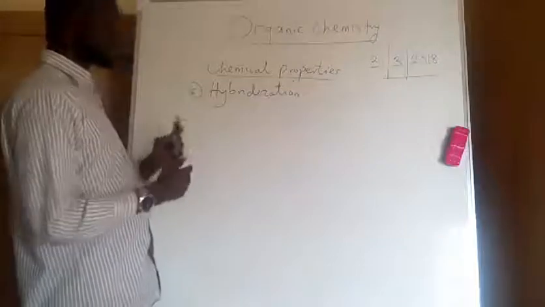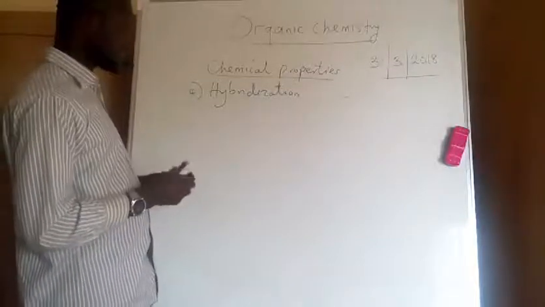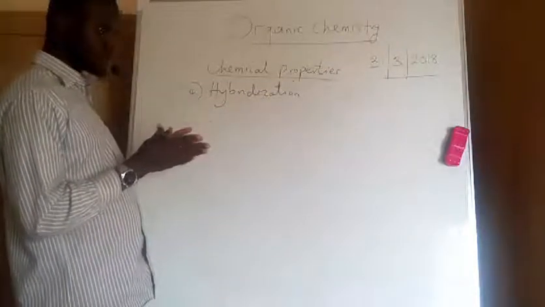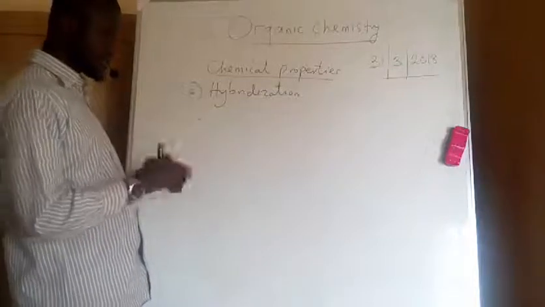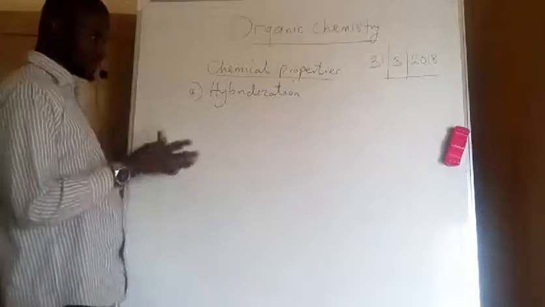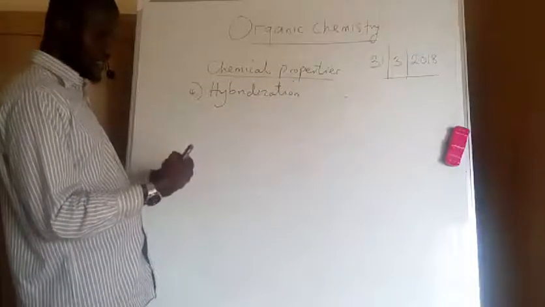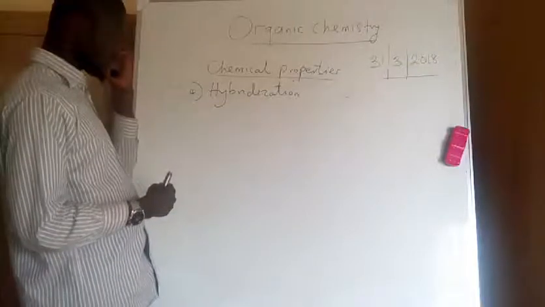This topic is talking about how the bonding of alkane is formed. You see, hybridization is the combination of electrons from 2 different atoms in the same orbital in order to form a bond between the atoms.